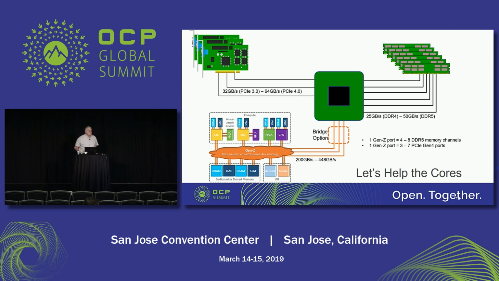Probably at first with a bridge option where we're taking some high-performance CPU bus and bridging to Gen Z. One can read in that AMD high-performance buses or Intel or Power or ARM. Then Gen Z comes out of that, and we go into a fabric where we can see all these additional resources that we talked about on the previous slide.